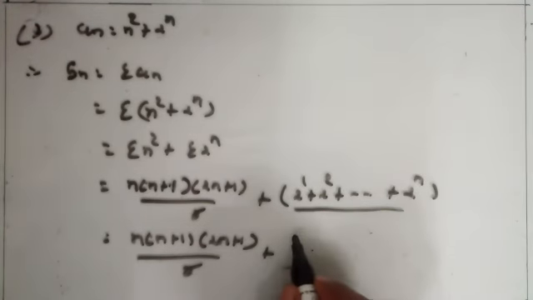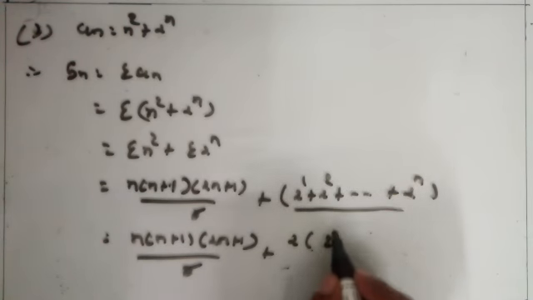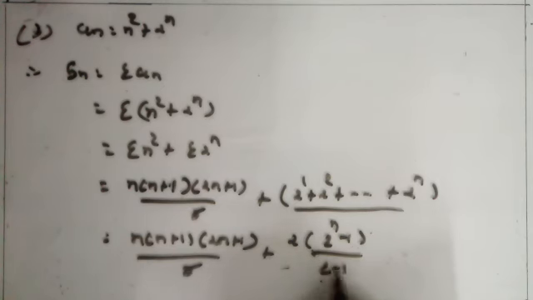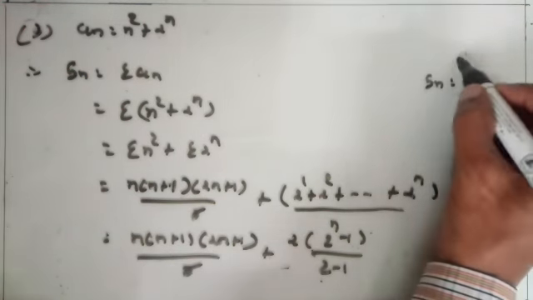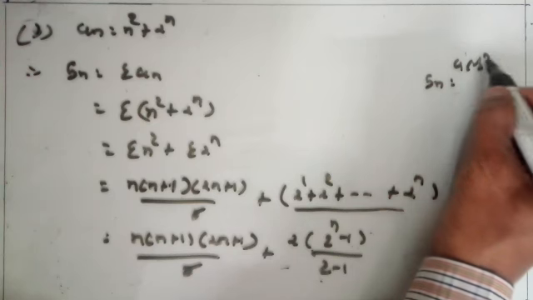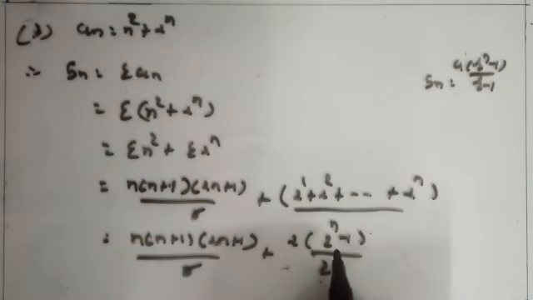The first term a is 2. Common ratio is 2 square upon 2, that is 2. The sum is (2 raised to n minus 1) upon (2 minus 1). We know that Sn is equal to a into (r raised to n minus 1) upon (r minus 1). Clear?